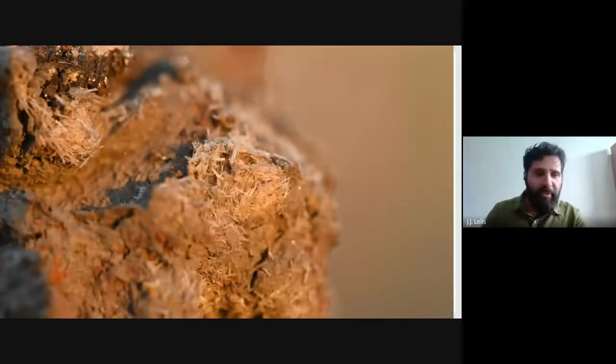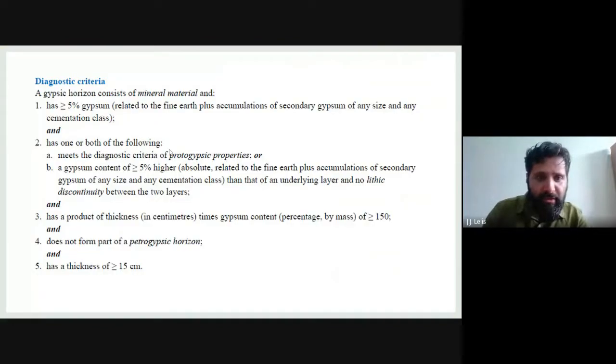This picture is very good because we can see a lot of needles. A lot of needles of calcium sulfate, okay? They are formed in dry conditions. And this gypsic horizon is a horizon that presents a mineral material, and this mineral material presents a low organic carbon.